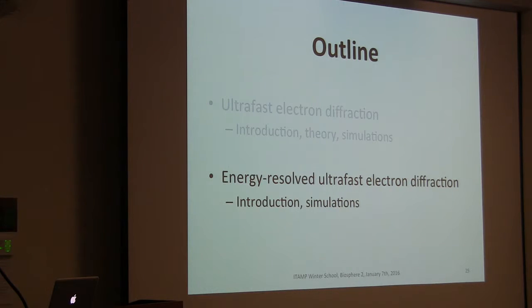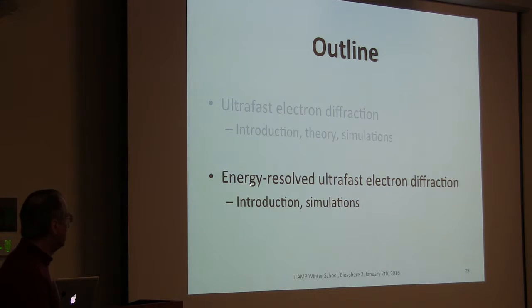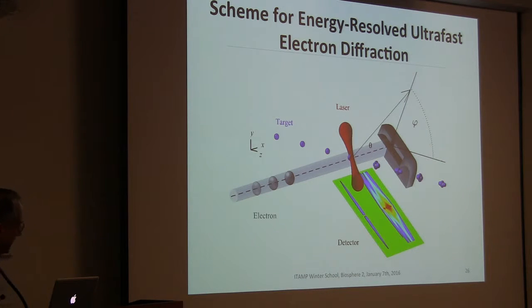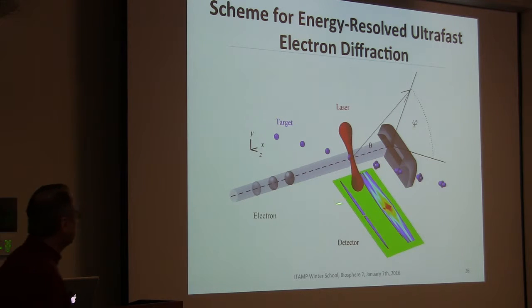Okay, so now I'm going to finish with how one can improve upon ultrafast electron diffraction, including inelastic processes, by doing some energy resolution of the results. And here, this is our proposed experiment.